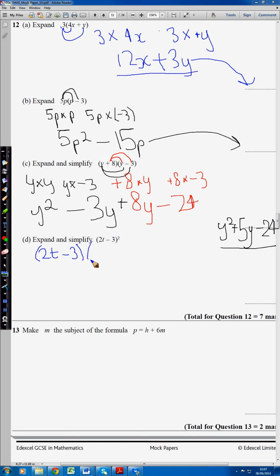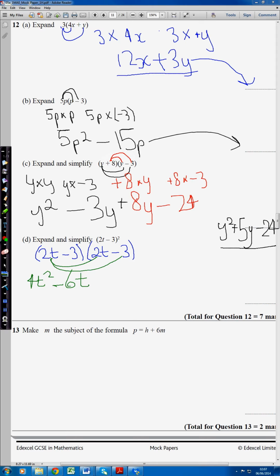Now, let's change color again, so we keep it nice and right. And let's go for green. So let's start with the 2t. 2t times 2t will give us 4t squared. Then we have 2t times minus 3, that will give us minus 6t.